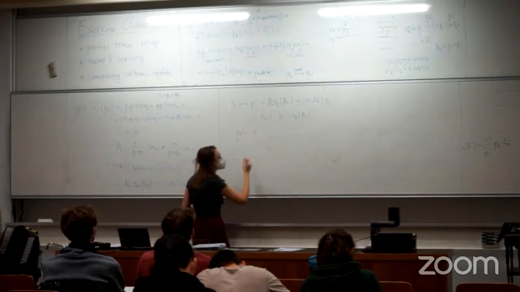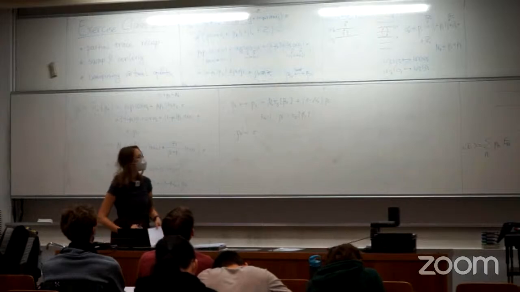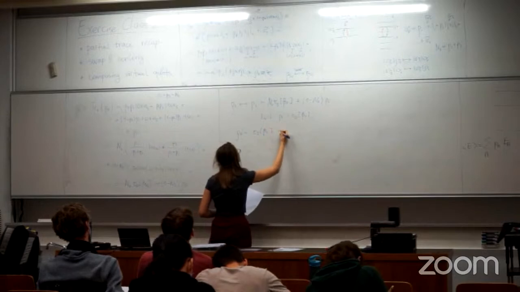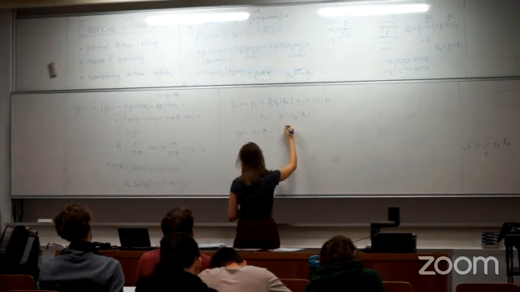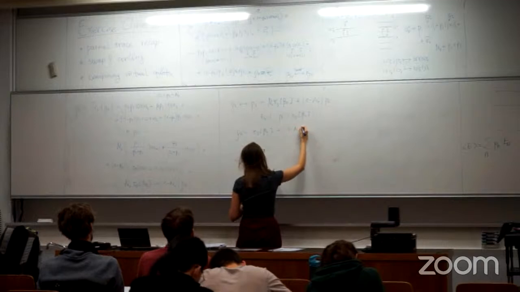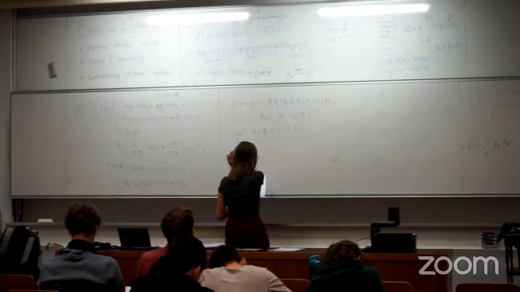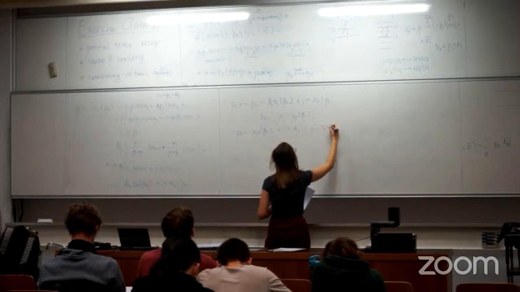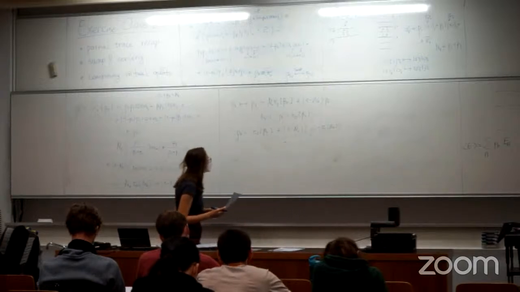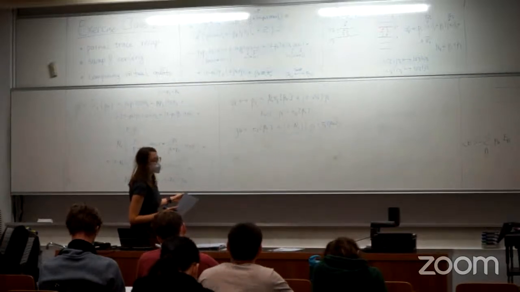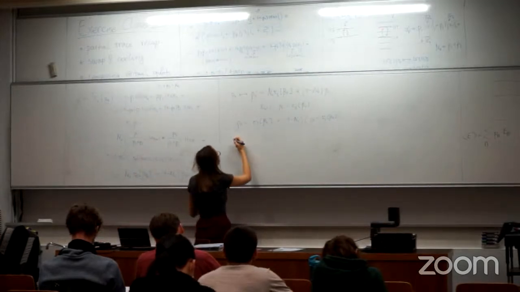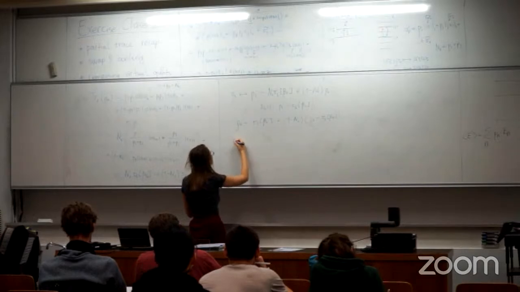tau s of beta v plus 1 minus NV, rho s minus tau s of beta v. Now, what happens if we apply the operation a second time?